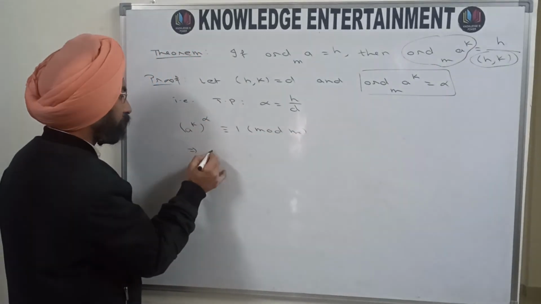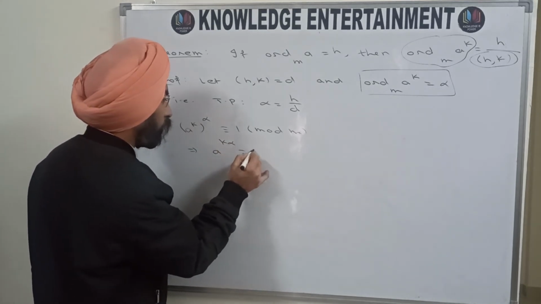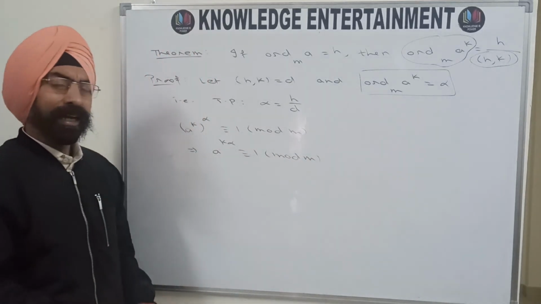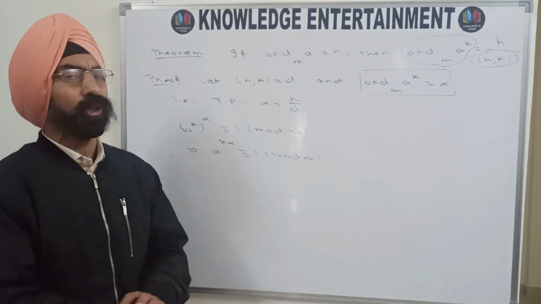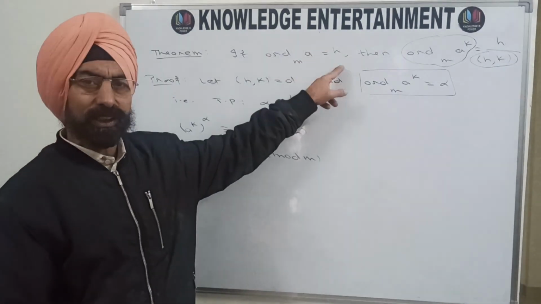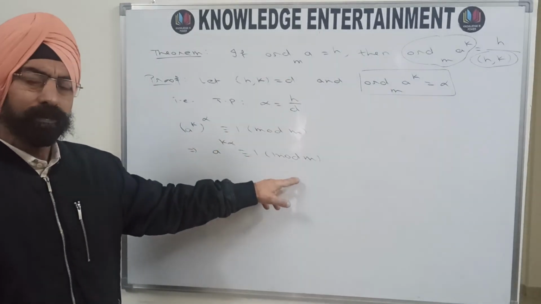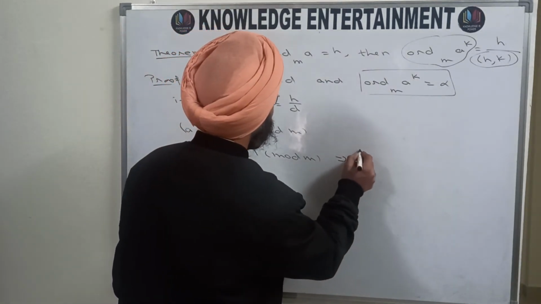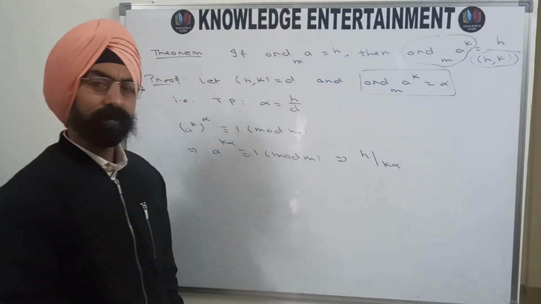Multiplying the powers, A raised to the power k alpha is congruent to 1 modulo m. And now we will use the result of the previous theorem that we just have proved. Order of A modulo m is H, and A raised to the power k alpha is congruent to 1 modulo m. Using the result of the previous theorem, we can say H divides k alpha.